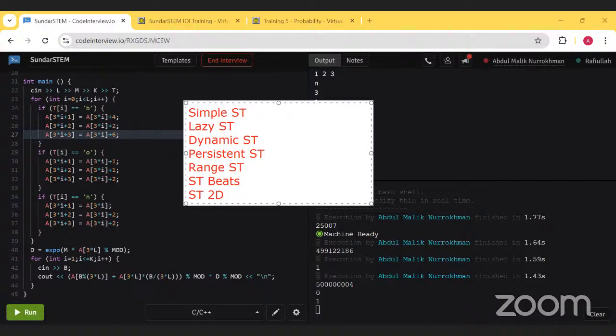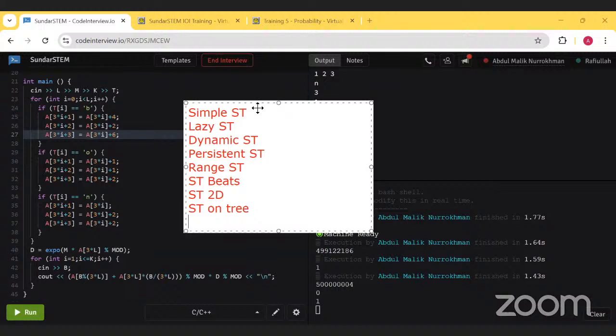We also can combine them or segment tree on tree. What else? Maybe convex hull on segment tree.